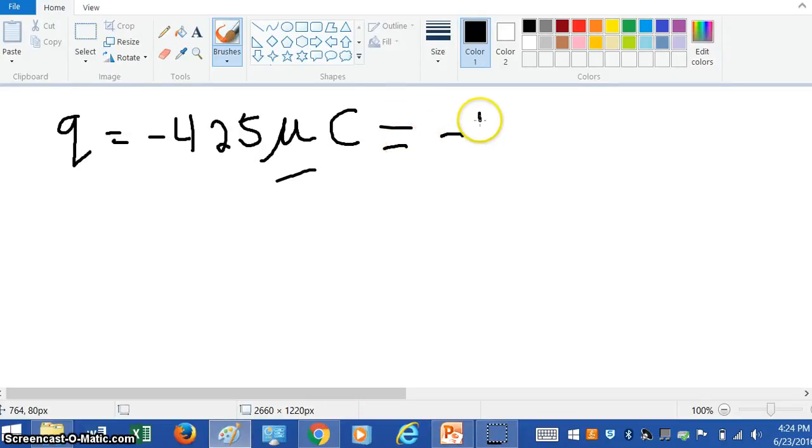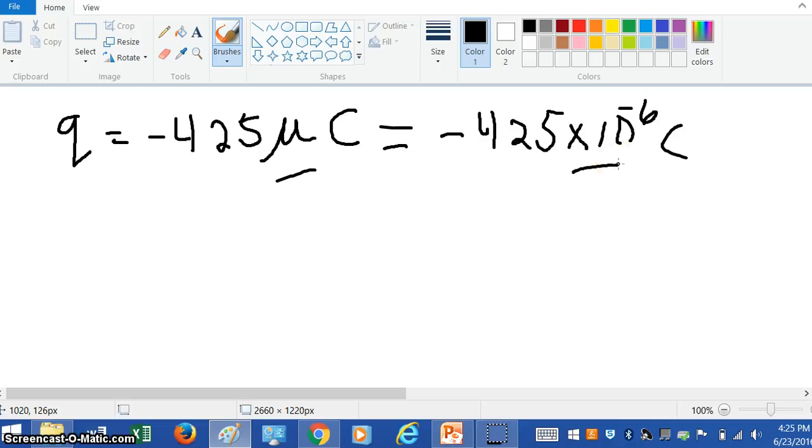So it's negative 425, and micro, if you remember, means times 10 to the minus 6th. That's the way we need to put this in our calculator: times 10 to the minus 6 coulombs. So don't forget these metric prefixes. We have to write them as a numerical value.